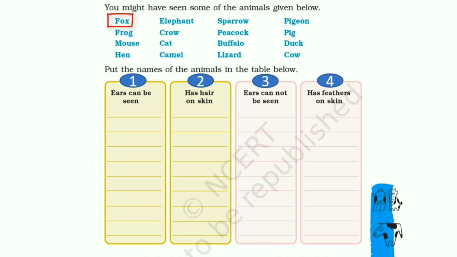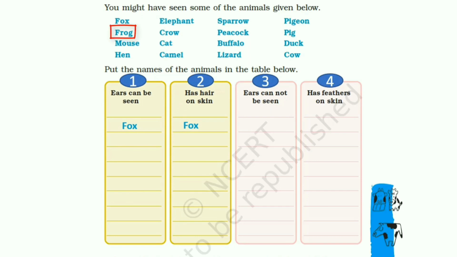The ears of the fox we can see. So it goes in number 1, and it has hair on the skin also. So it also goes in number 2. Then we can do similarly on the other animals also. Okay.